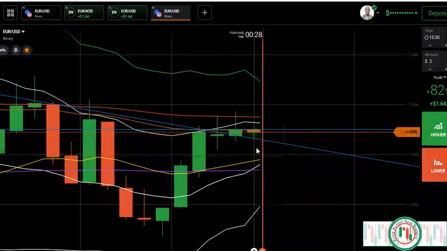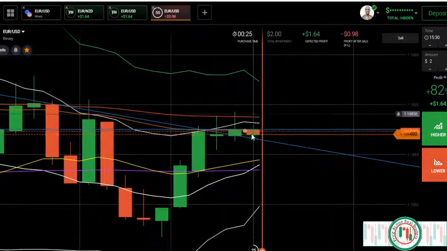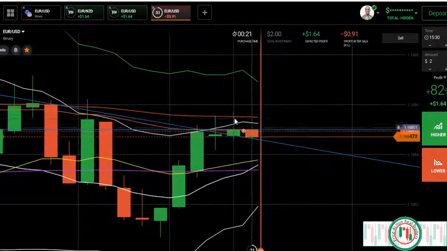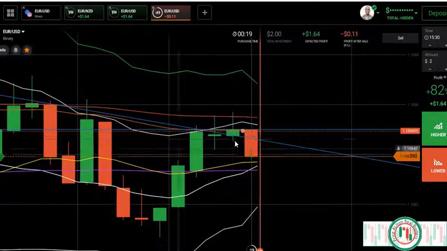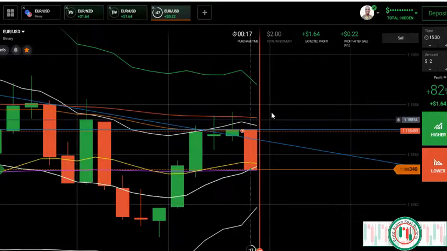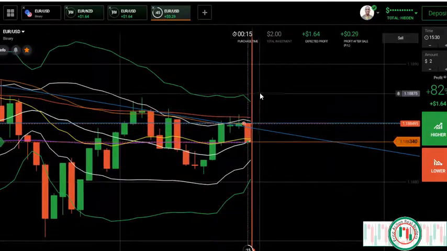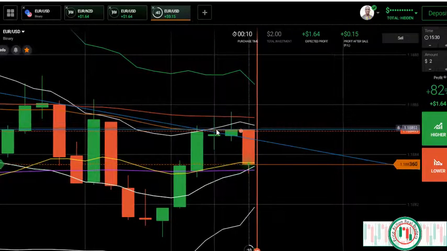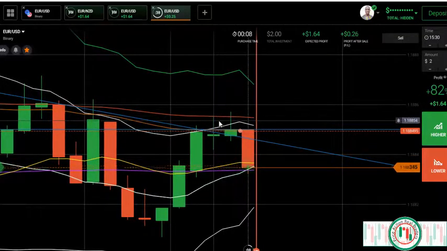You see, I'll go with sellers at this level. I know definitely now strong sellers must enter, because this is weak bias. This candle must be strong. So you see, I was expecting sellers to enter strongly on this candle, but few sellers enter.